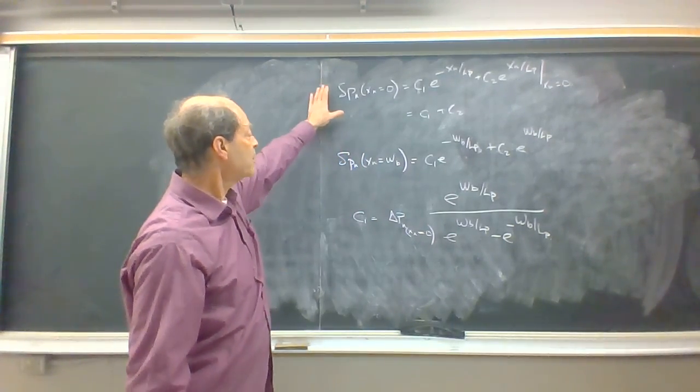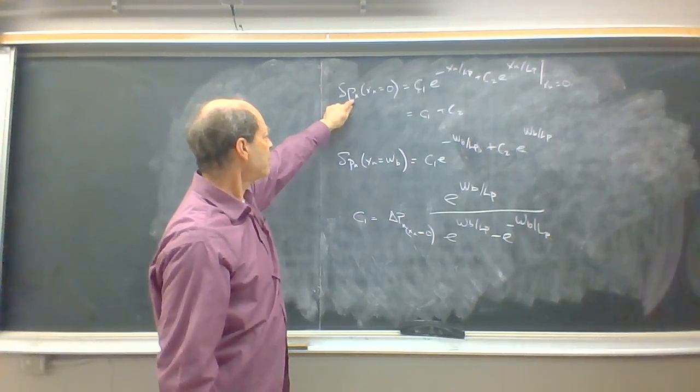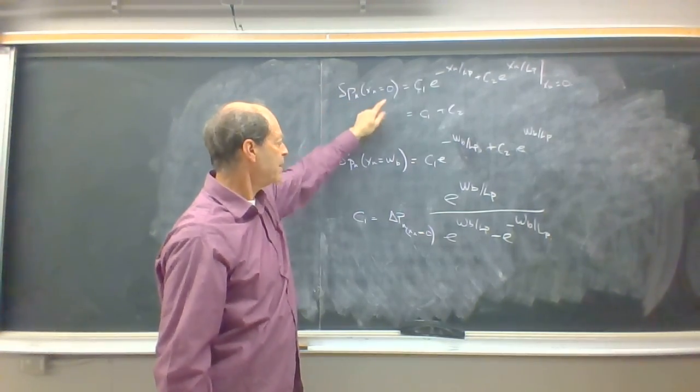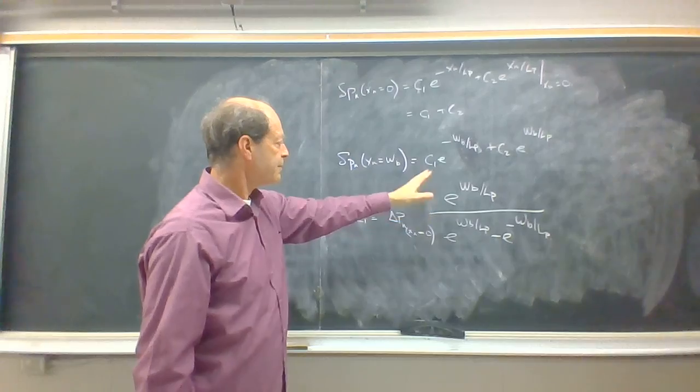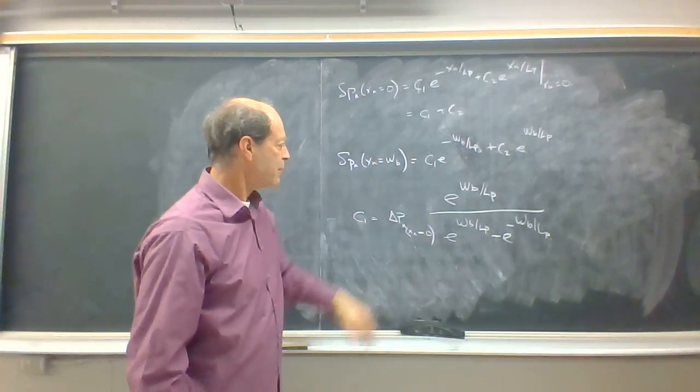Okay, so we've used this equation, which had delta P sub n at x sub n equals 0, and we've used the other equation to get this result.